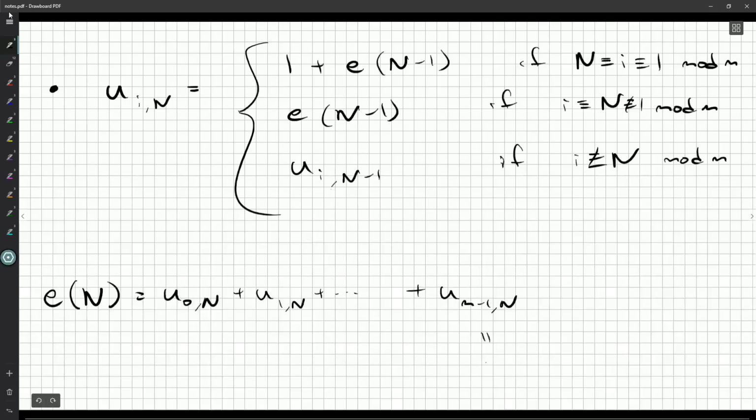N will be congruent to one of these. Let's say it's this last one. And then all the previous ones will, because n's not congruent to them, be equal to their smaller copies. I'm going to add in a little bit more here.